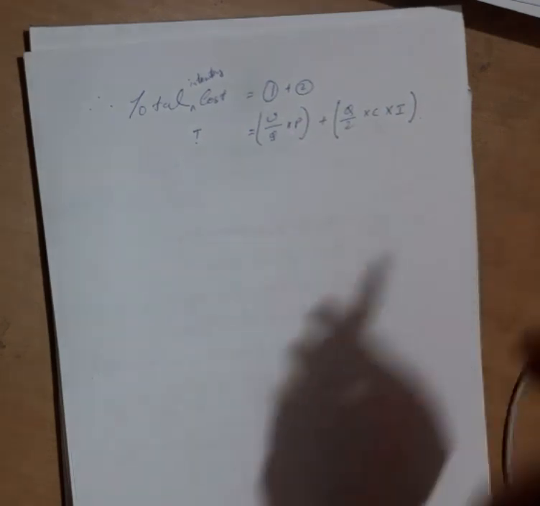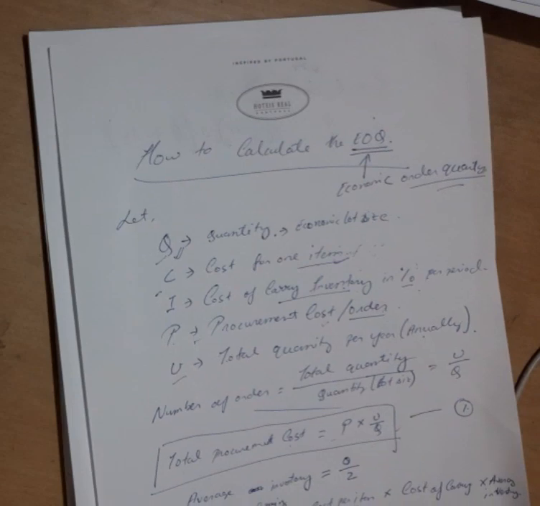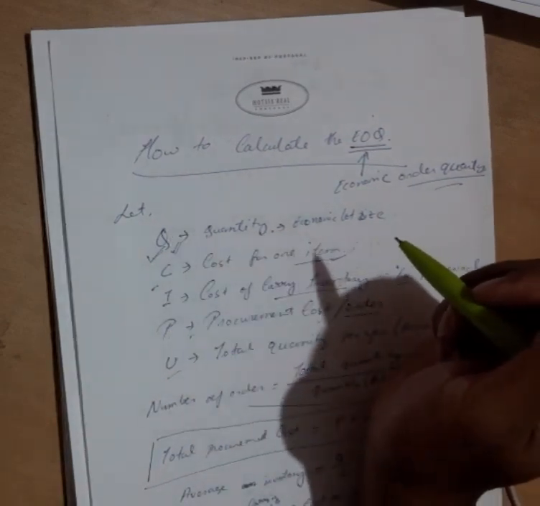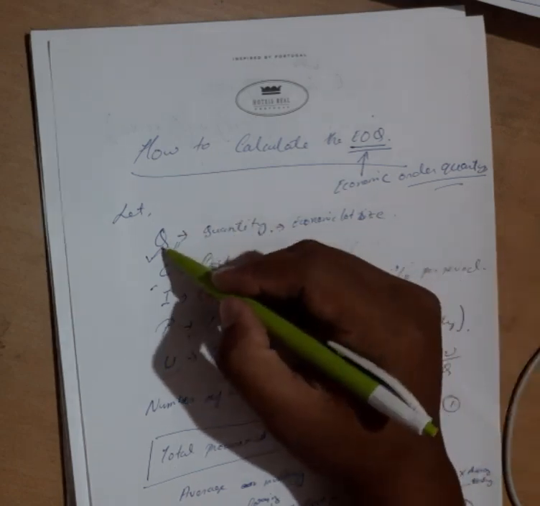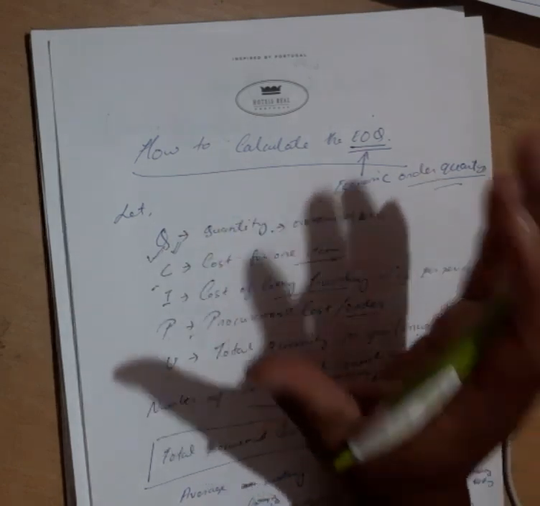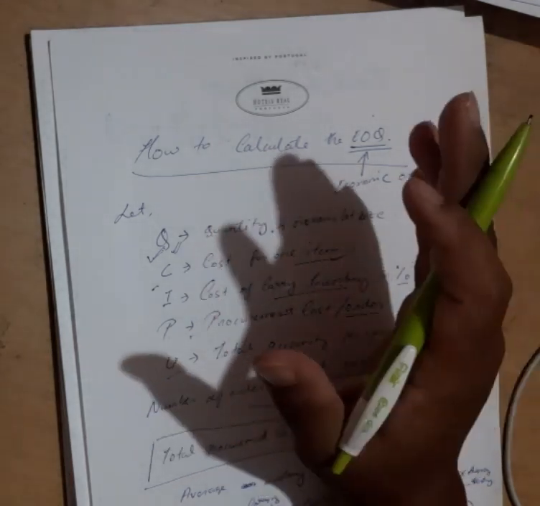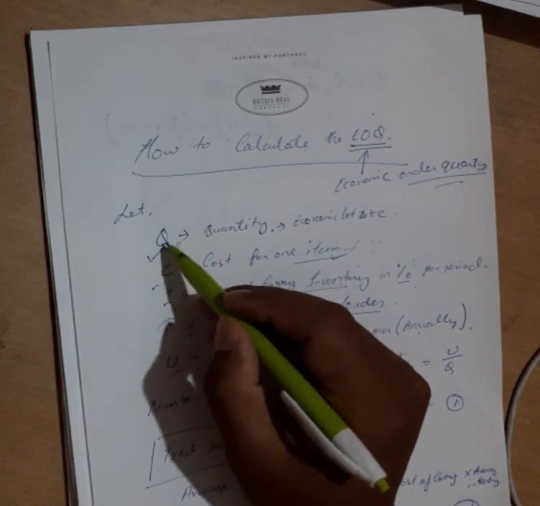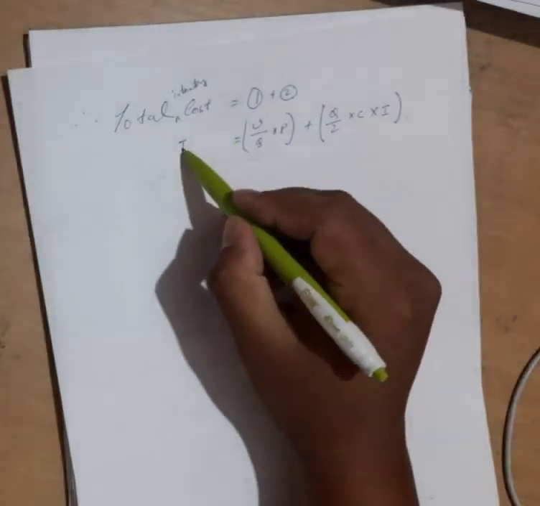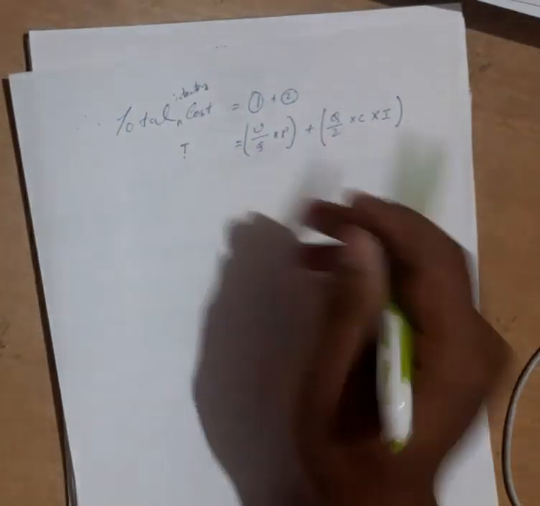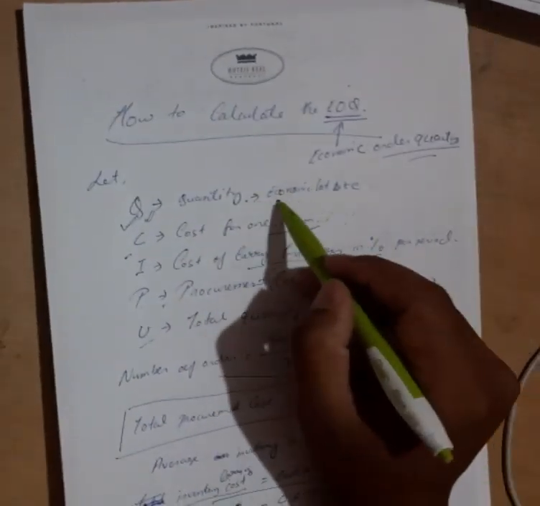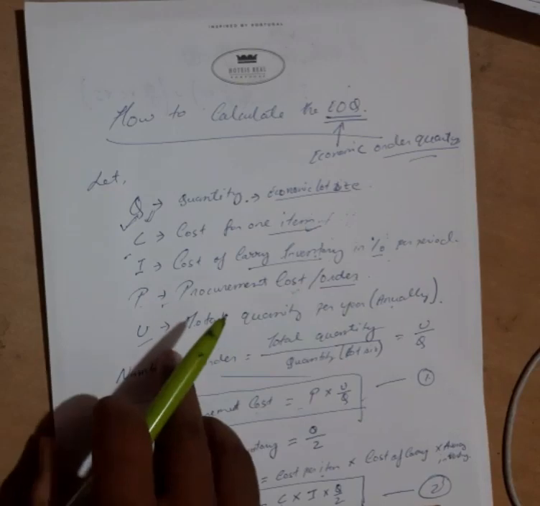Now, what we have to do? Our main aim is to minimize or optimize this Q, so that the total cost is minimum. That means we have to differentiate this, minimize this total cost with respect to the quantity, or we can say the lot size. So, what we will do now?